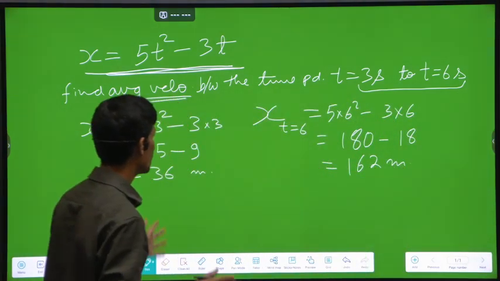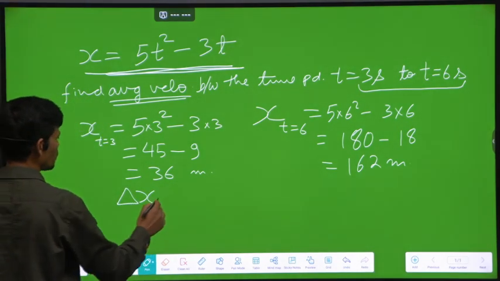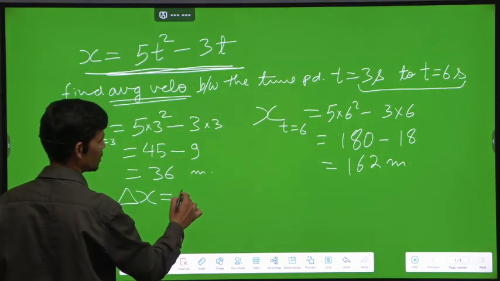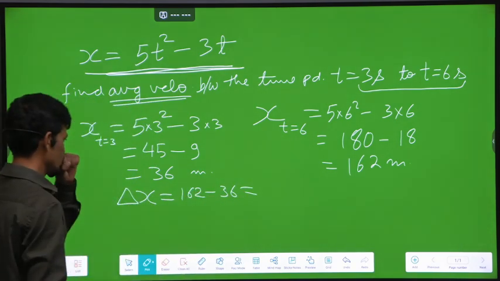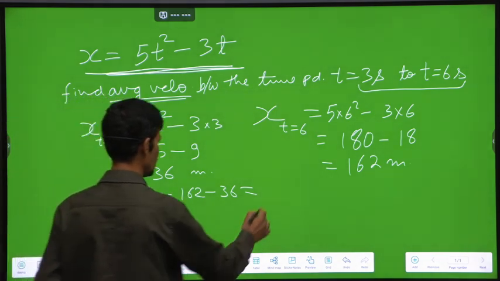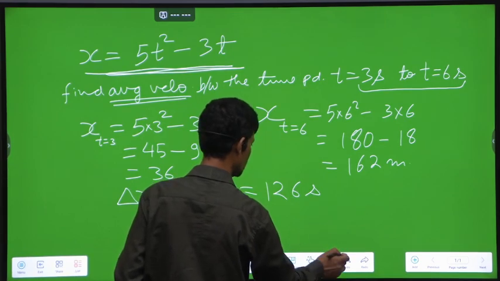Then we have to find displacement delta x. That will be this minus that. It will be 126, I guess. 126 meter.